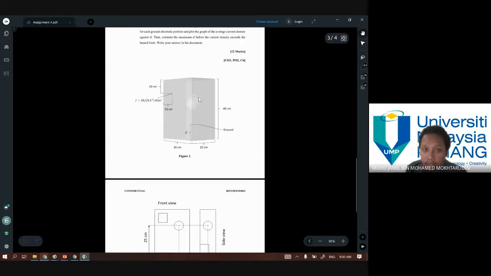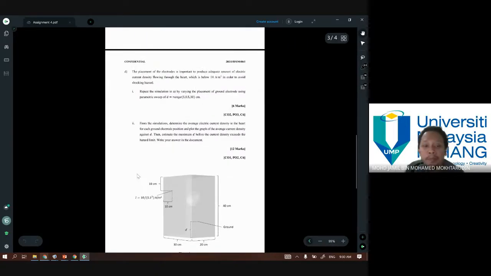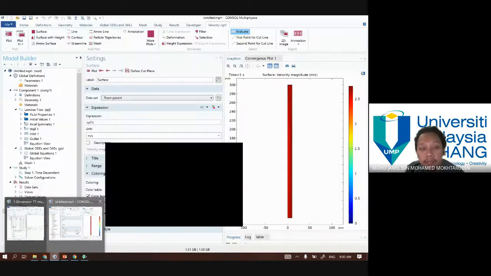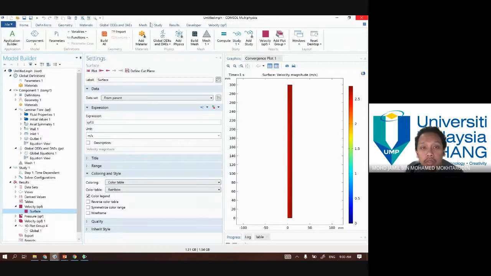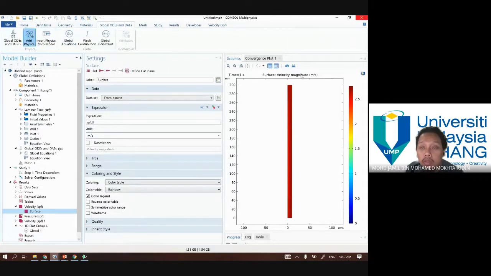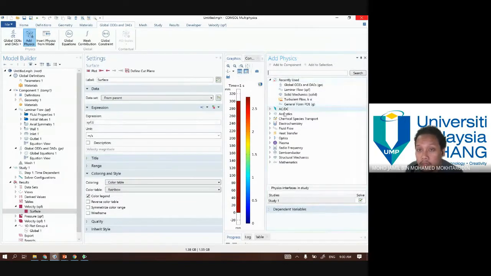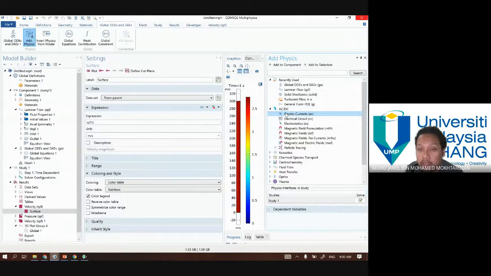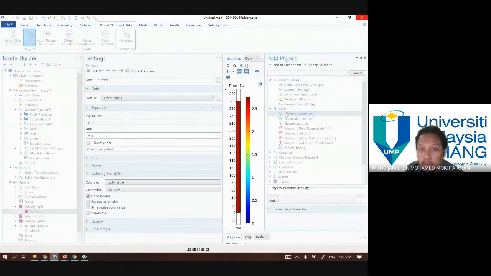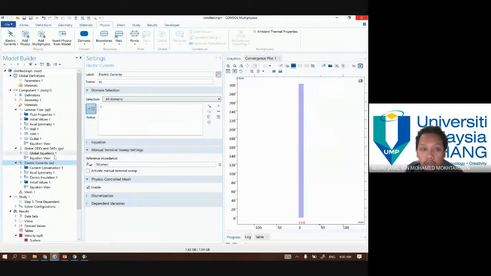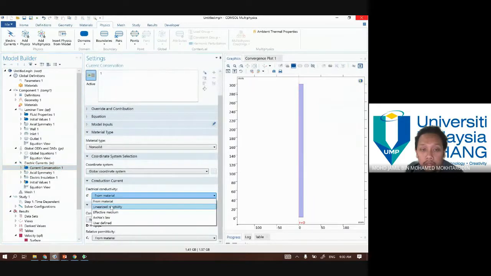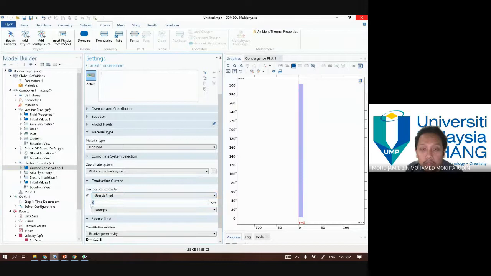And then when you define, by default there will be one. So if you go to physics, AC/DC, electrical current. So by default, you will have one current conservation. So you define the material, let's say for domain number 1.